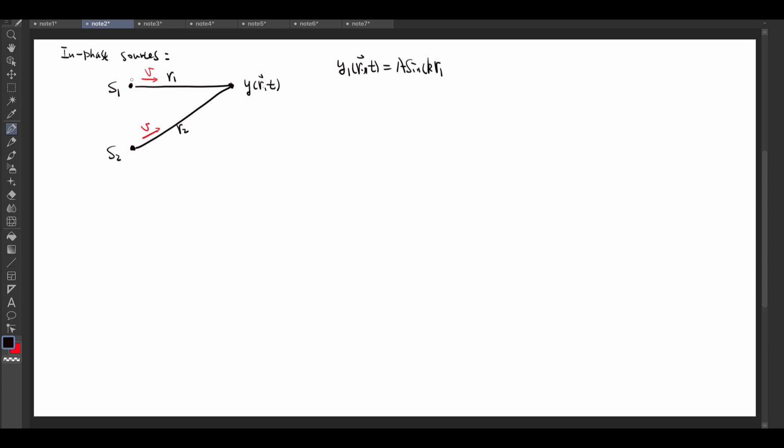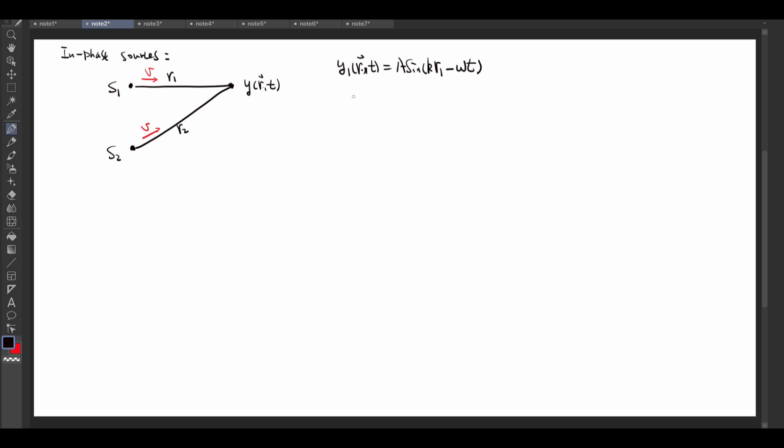And because the propagation is to the right, we use a negative sign here. The source is on the left side, minus omega t, and t here is the same t. It's the same t for both sources, so I use the same symbol t without labeling the index.